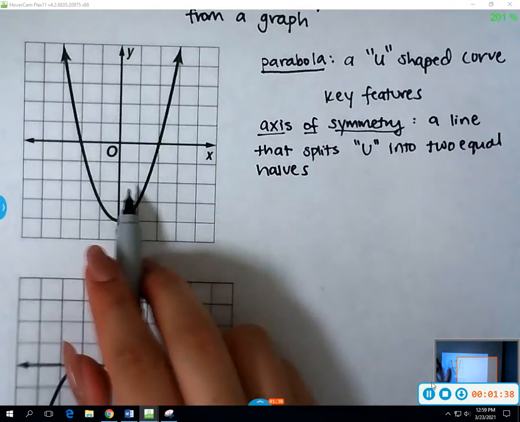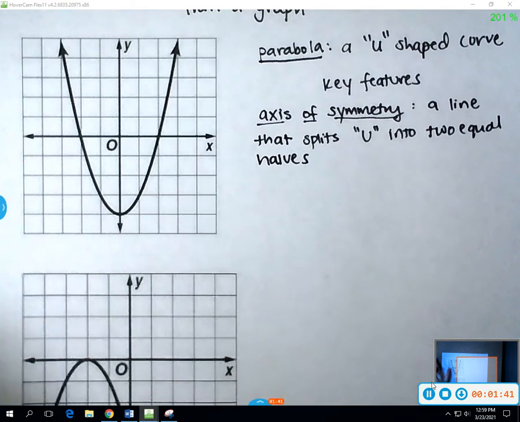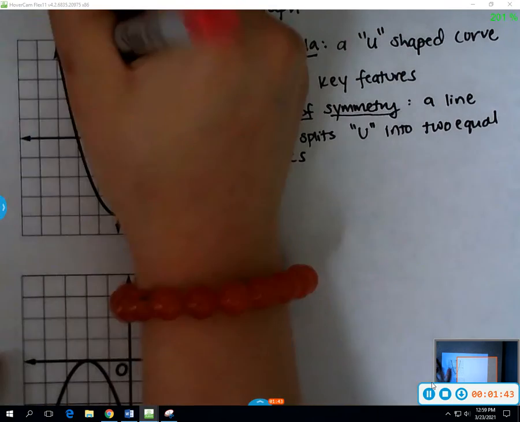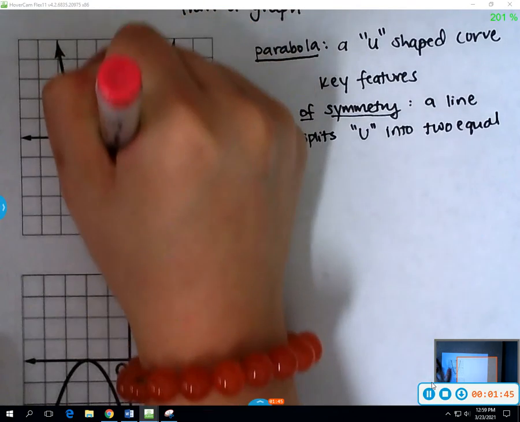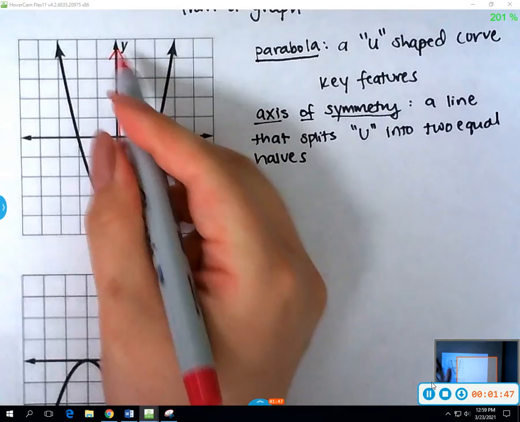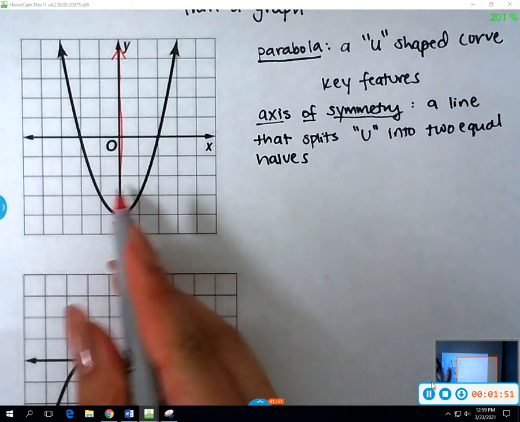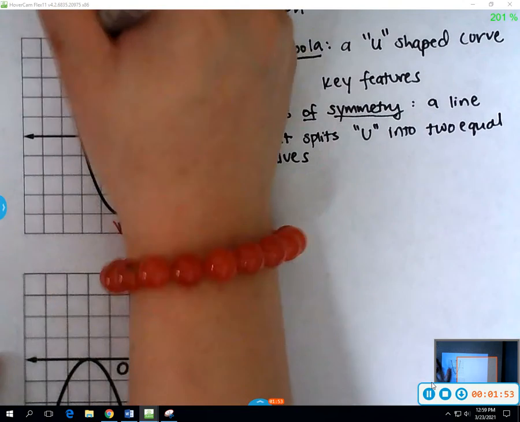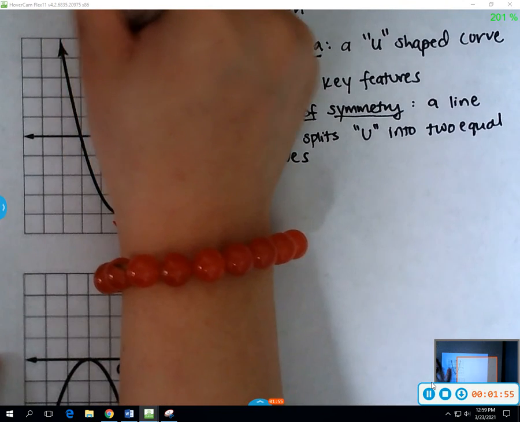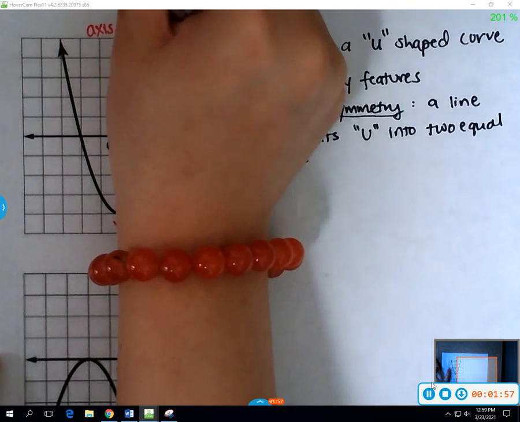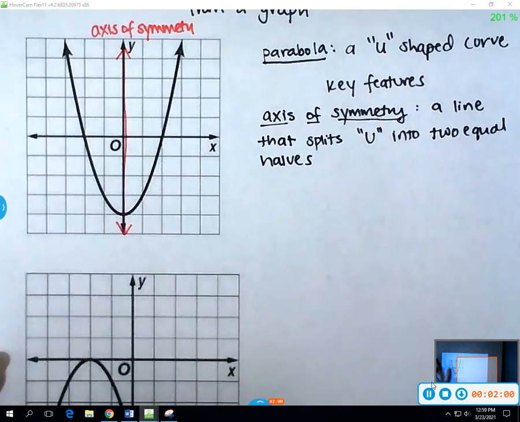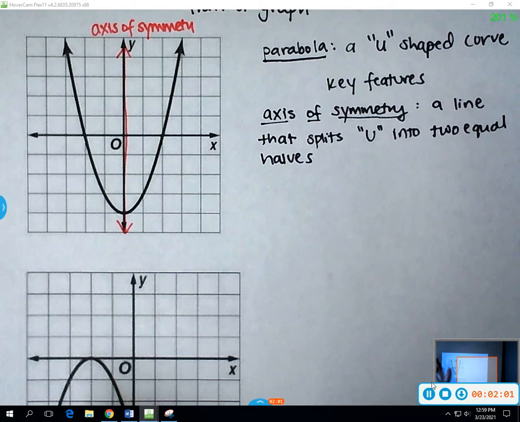So if we look at this example right here, our axis of symmetry would be right here. I'm going to draw it in pink. This line right here splits my parabola in half perfectly. So this is our axis of symmetry. Our axis of symmetry can always be written with an equation.